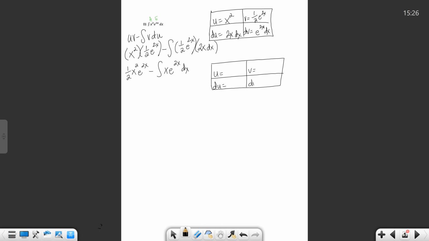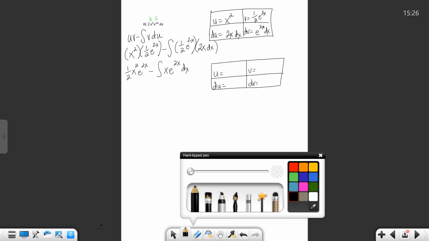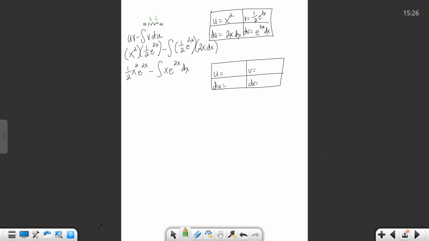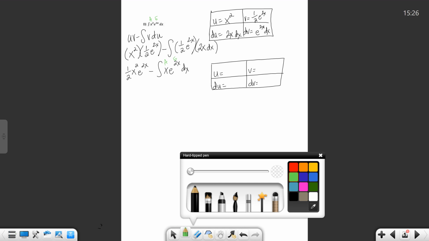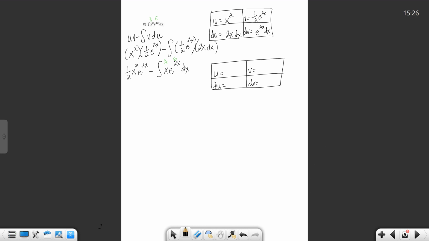Okay. So I've got an algebra and another exponential. So again, LIATE, we know we're going to go with u being the x and dv being e to the 2x. So du is 1 and v is 1/2 e to the 2x.